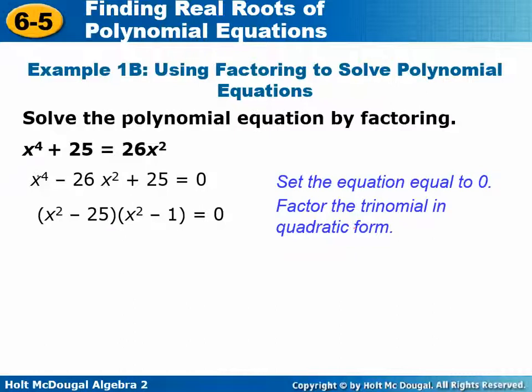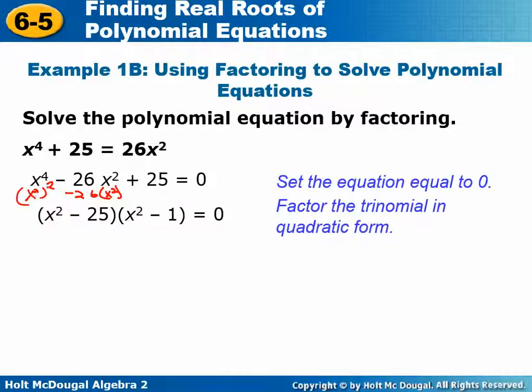Now this is a little bit tricky, but even though it's x to the fourth, it's kind of like a quadratic. And this quadratic is like you had x squared squared minus 26 and then it's x. See, the x squared is like our x.